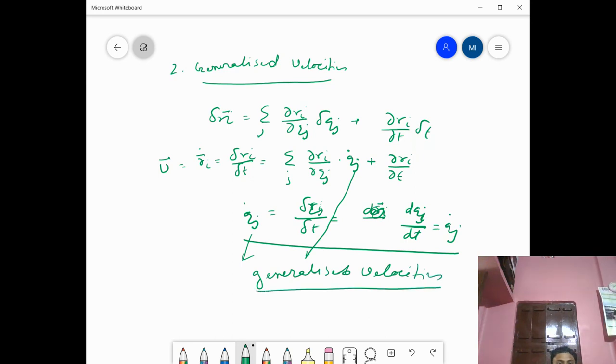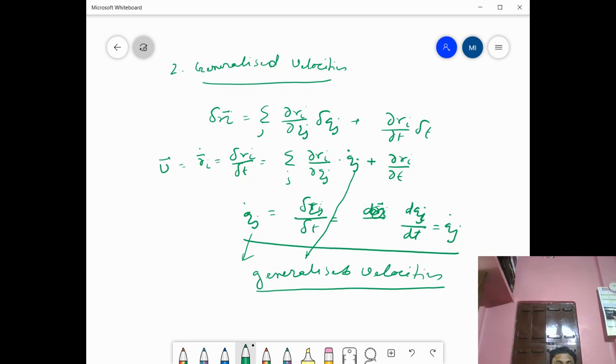At once you can find generalized momentum, but before that we have to consider generalized force, and then we will go to the generalized momentum or conjugate momentum. But I think today this much is enough.